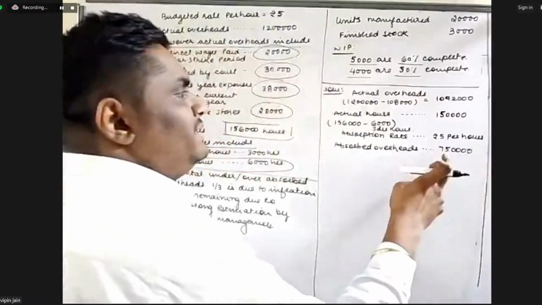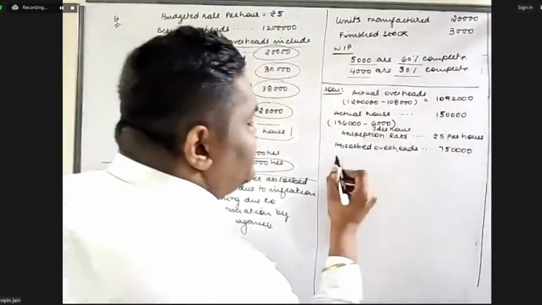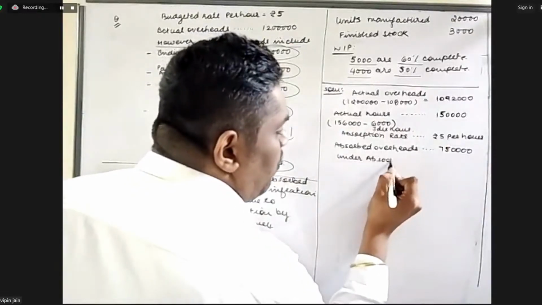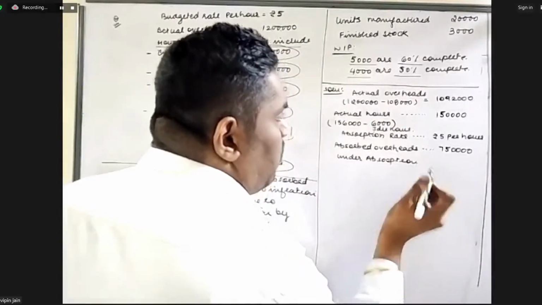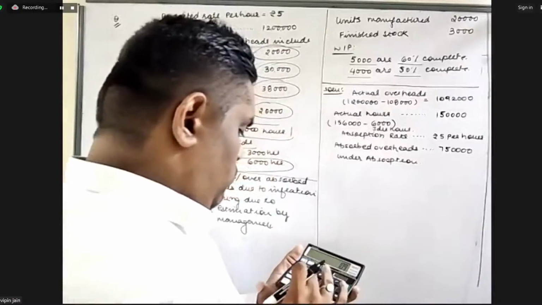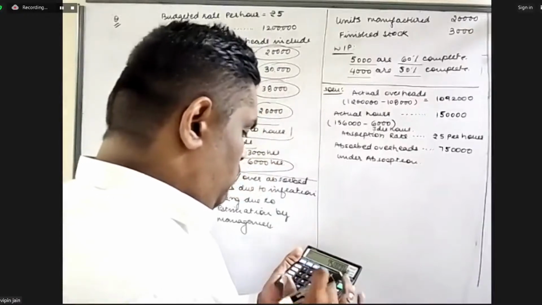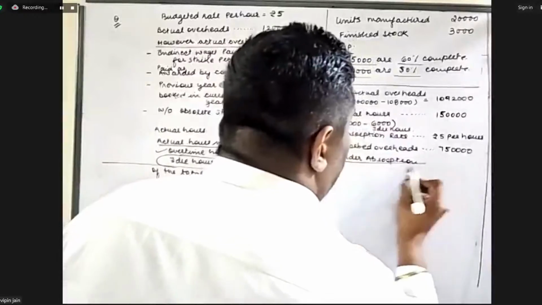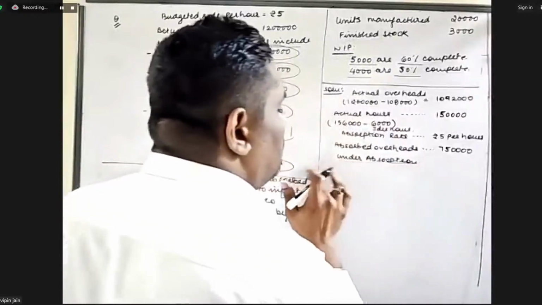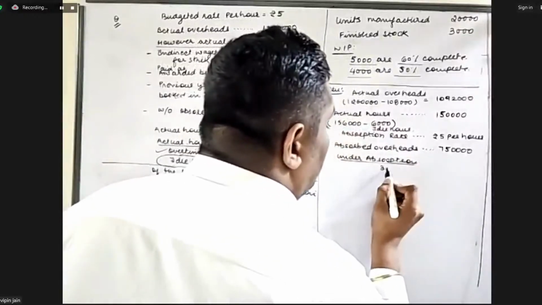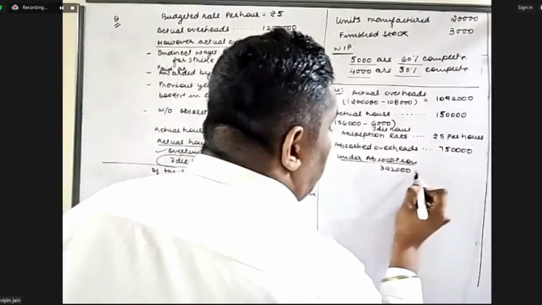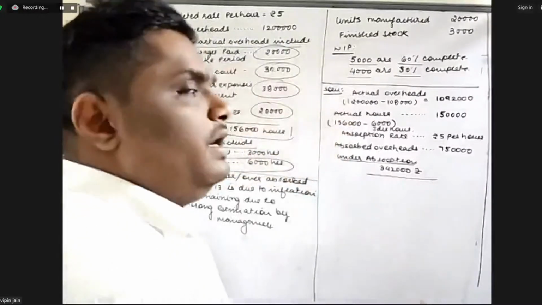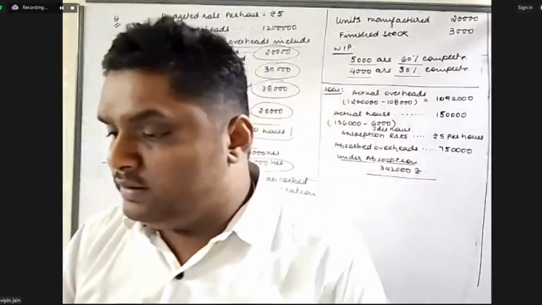So my absorbed overheads are less than actual overheads, so under absorption is there. This is my under absorption, 3,42,000.